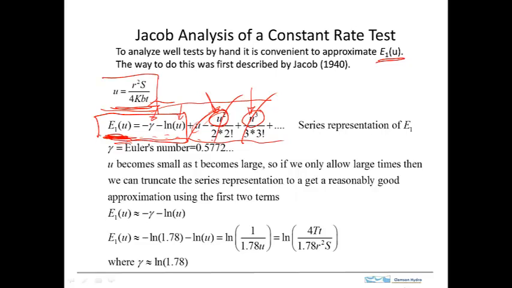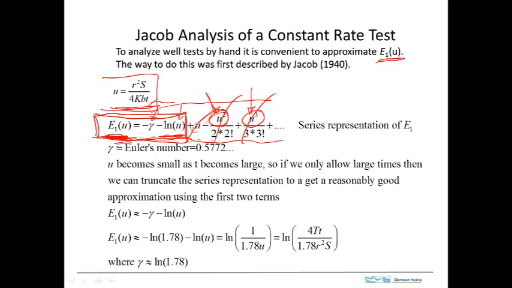And as it turns out, for many practical situations, you don't have to wait very long before this is a good approximation of the overall well function. That's going to be pretty helpful because this is just the natural log, and that's a lot easier to evaluate than this exponential integral.